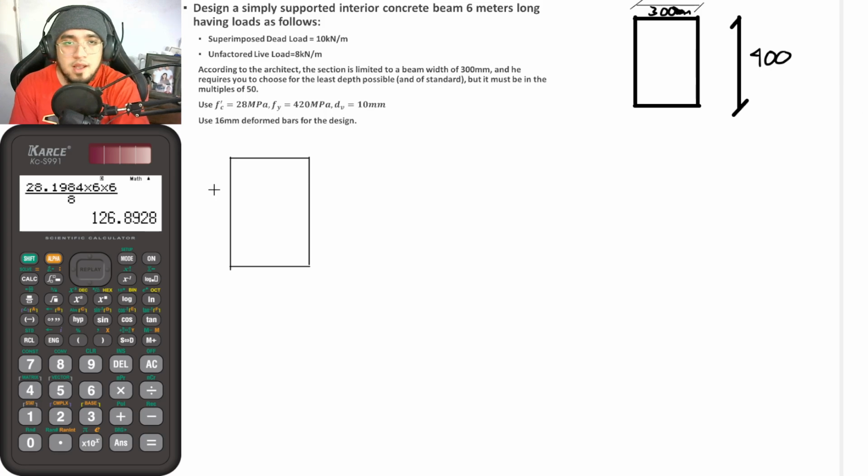So suppose that our rebars are now located at the bottom part. So I do not know how many rebars we need. So I will be assuming that it is only 4, but I think this is incorrect.